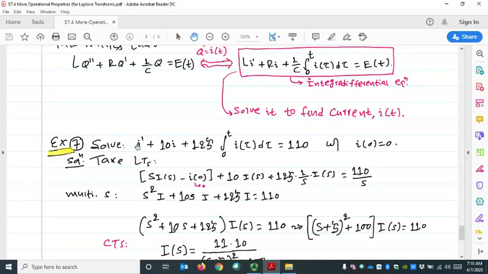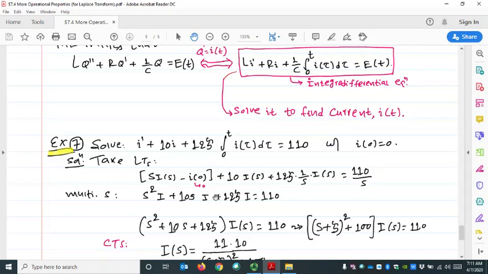So the Laplace transform of I prime is s times capital I of s minus I of 0, this term inside the bracket, plus 10 times the Laplace transform of little I, which is capital I of s, plus 125 times this integral, which is by convolution simply the convolution of 1 and little I. So the Laplace transform of this integral gives the product of their Laplace transforms. The Laplace transform of 1 is 1 over s, times the Laplace transform of little I, which is capital I of s, equals the Laplace transform of 110, which is 110 over s.